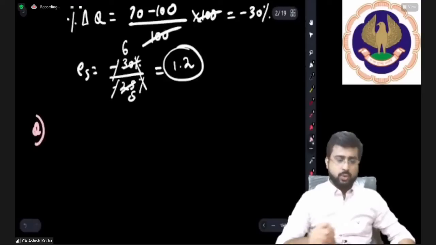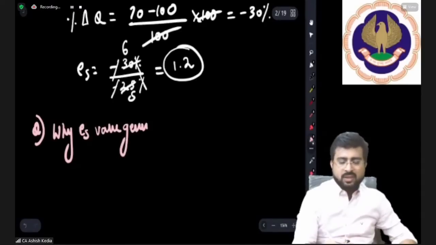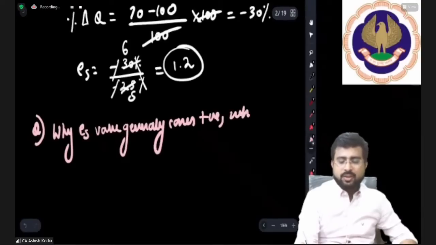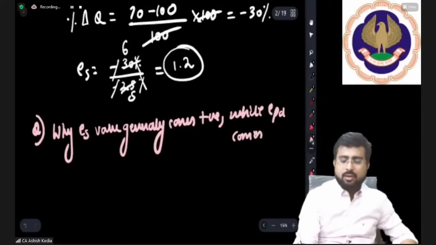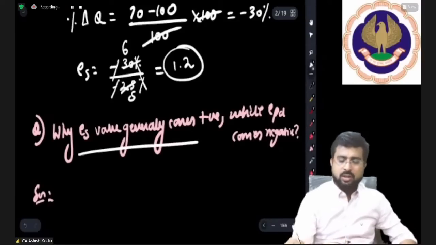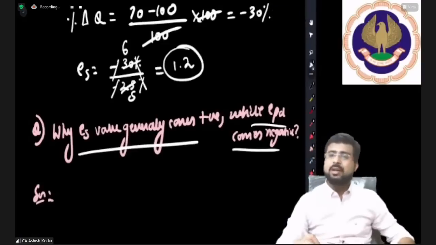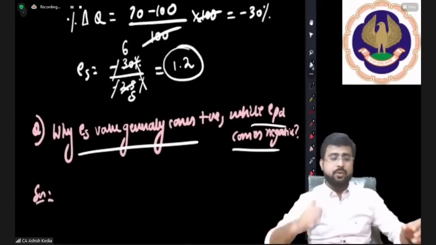My question to you is, why elasticity of supply value generally comes positive while elasticity of demand comes negative? Why is it so? Who will give me answer? Two parts to this question. I need your answer from each one of you. Come on.